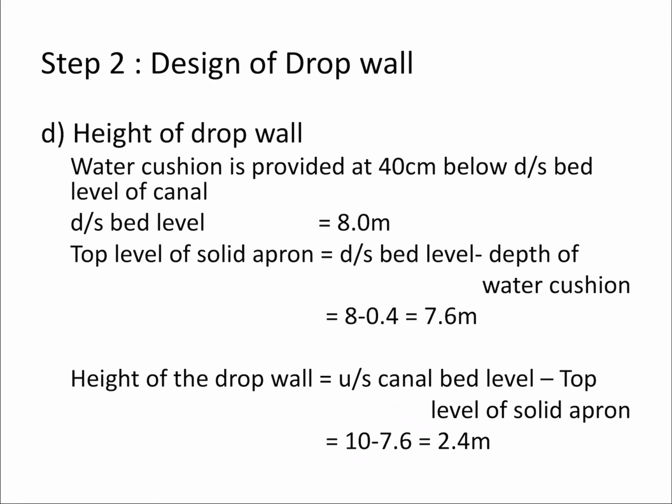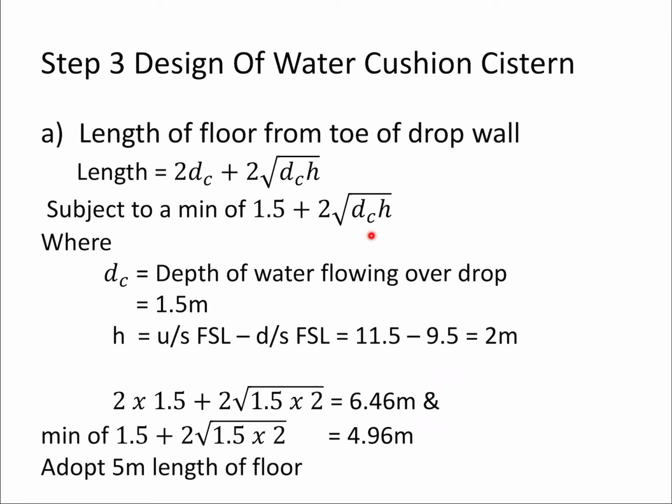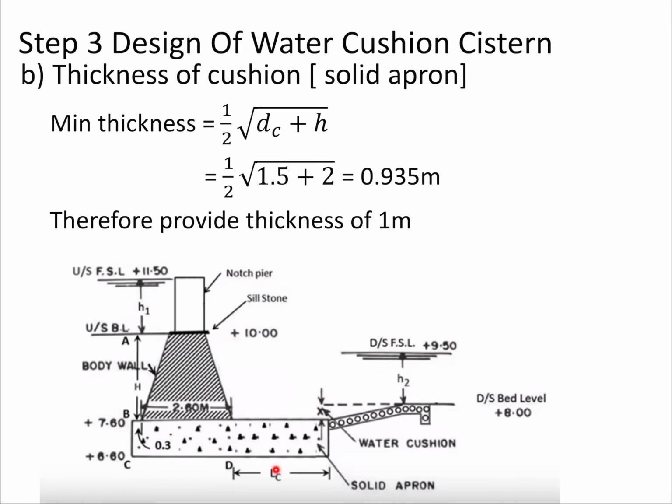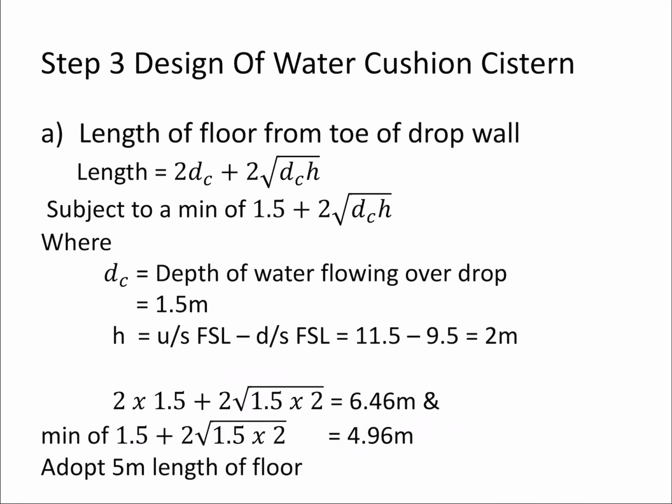So the minimum of this value and the maximum of this value, where dc is the depth of flow over the notch, that means the full supply depth of the upstream side, 1.5 meter, and h is the difference between the full supply level of upstream and downstream, 11.5 minus 9.5, 2 meter. Substituting, we will get 6.46 meter and a minimum of 4.96 meter. So we are adopting 5 meter length. So Lc is fixed as 5 meter.